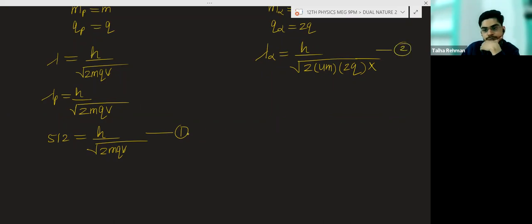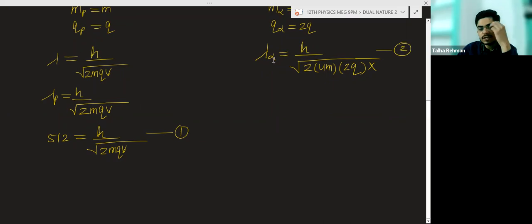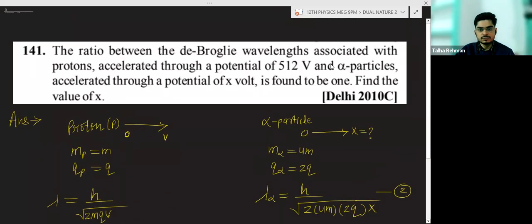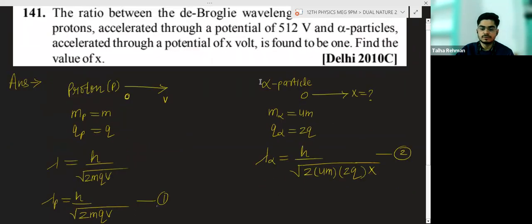Equation number 2. They are saying the ratio of wavelength of... Okay, so what we should do now? Actually, we should remove this equation and consider this equation as equation number 1. They are saying the ratio of wavelength of proton and alpha particle, the ratio between de Broglie wavelengths associated with proton and alpha particle, is found to be 1.